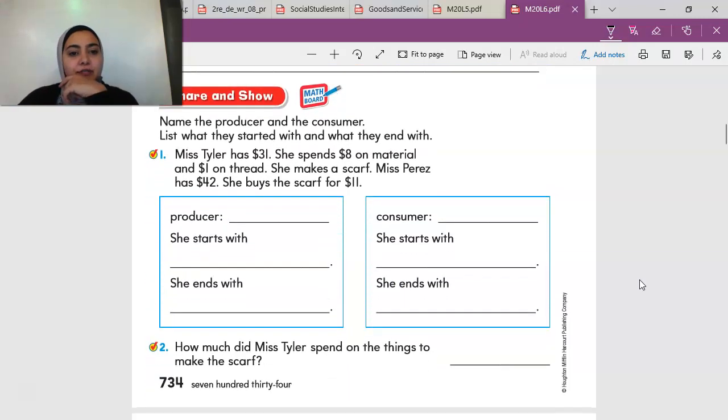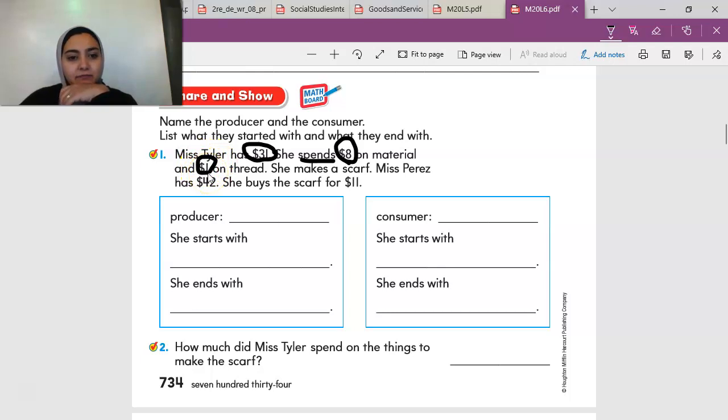Name the producer and the consumer. List what they started with and what they ended with. Miss Tyler has $31, so she starts with $31. She spends $8 on material and $1 on thread. She makes a scarf.